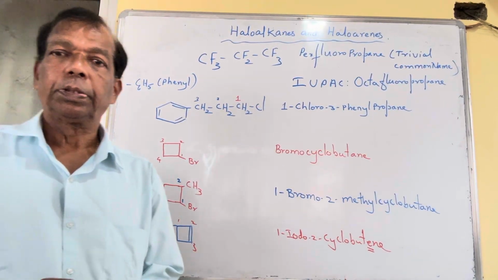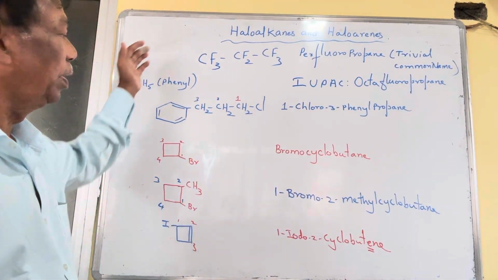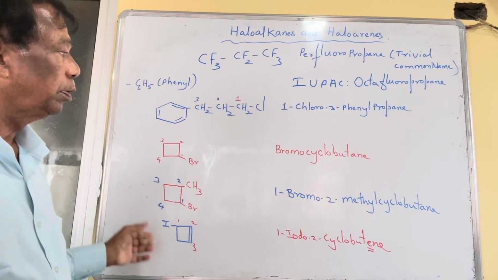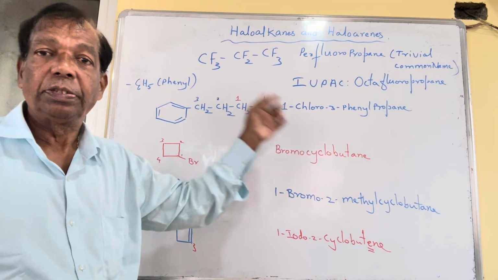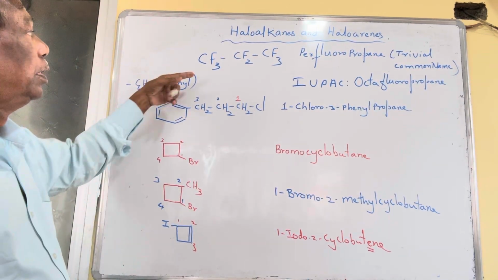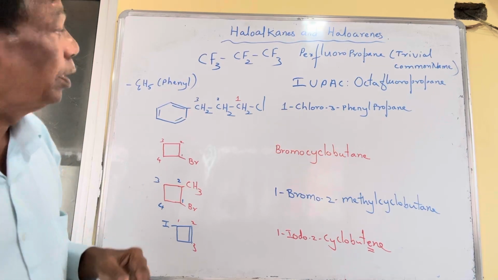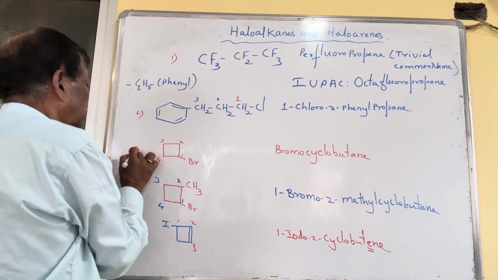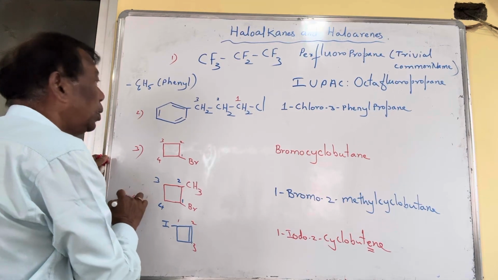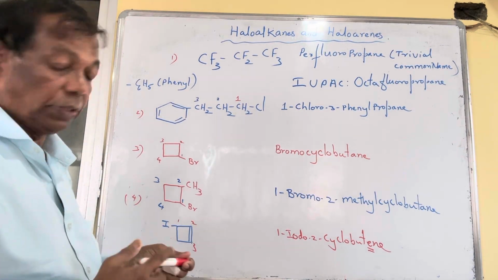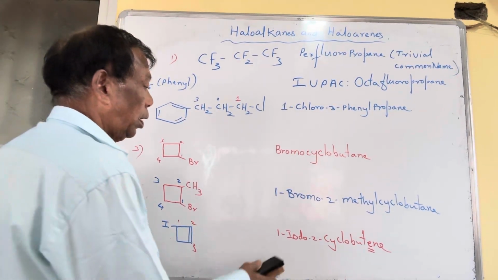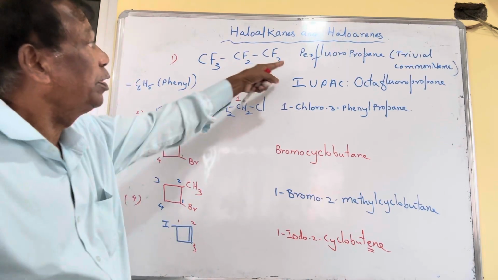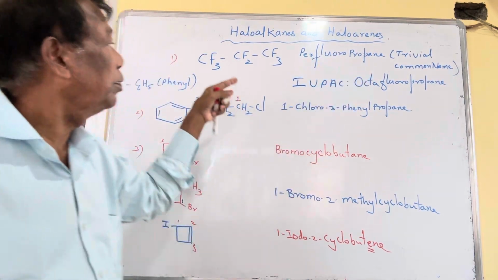So students, today I just quoted some examples of compounds to be named by IUPAC, just for you to understand. So this compound, suppose this is numbered 1, this is 2, this is 3, this is 4. Now here I have a compound which is perfluoropropane.